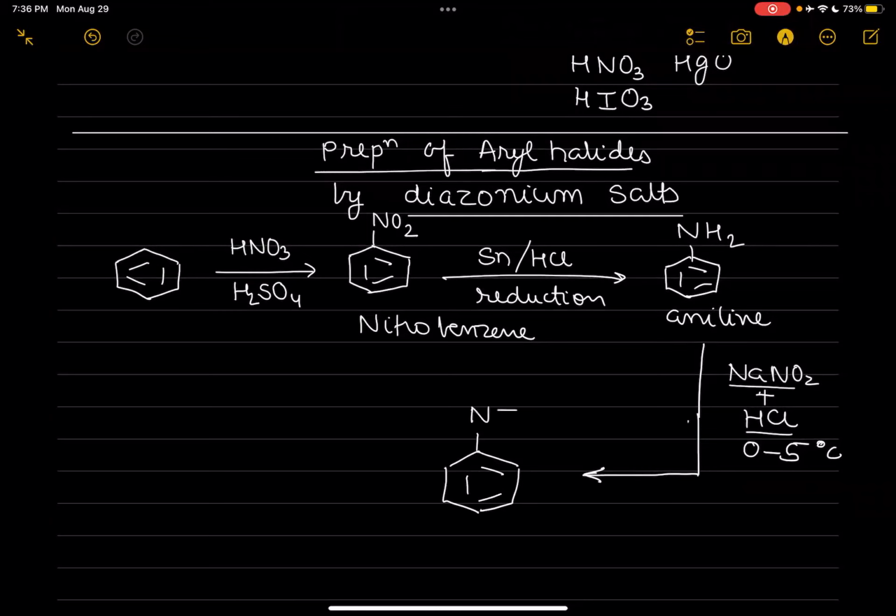So don't worry, don't even think that it is too long, because you will all have this whole thing at your fingertips very quickly, because it is there in all the chapters. So this compound is known as diazonium.